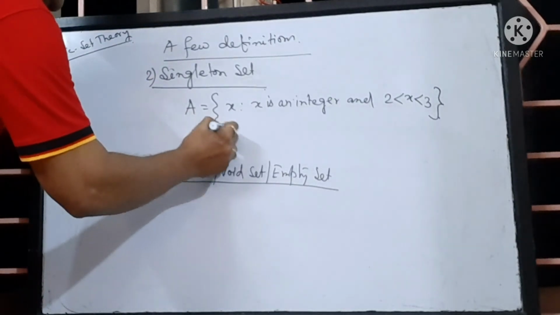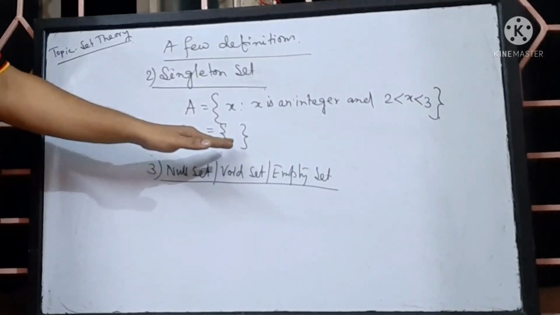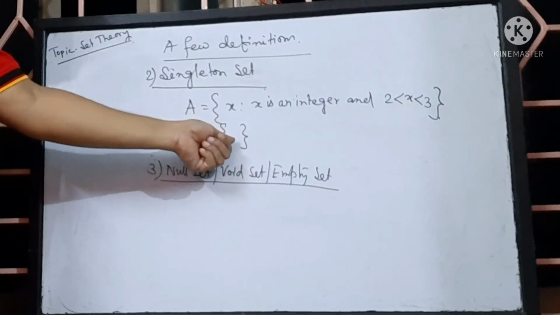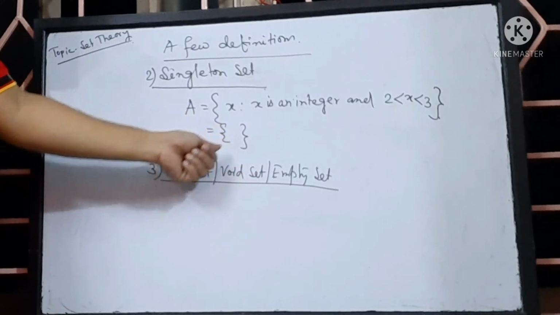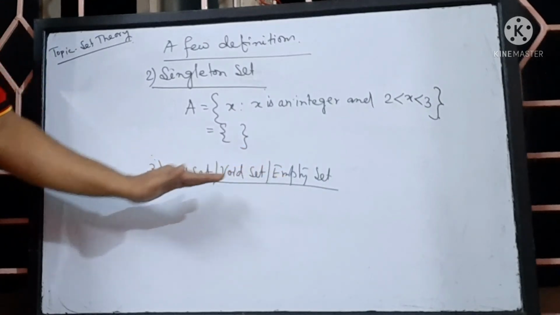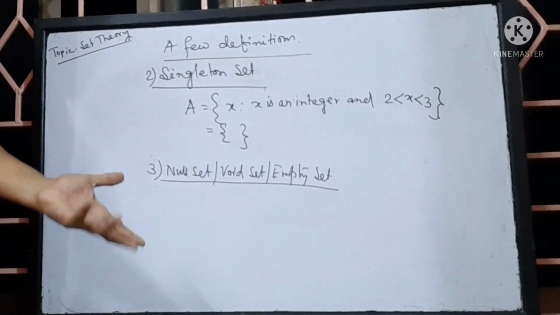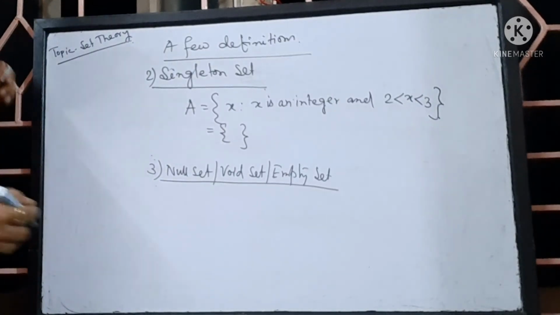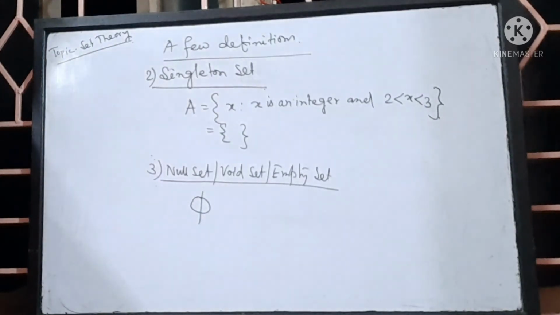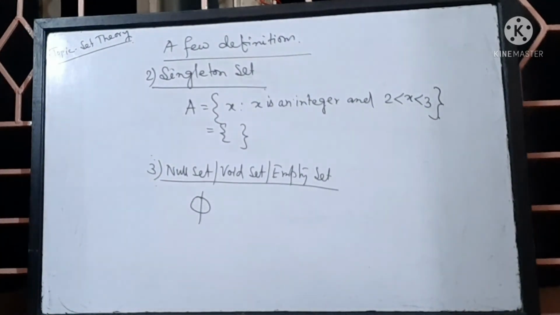So this set is written only like this, with only two curly brackets, blank. This set is called null set or void set or empty set, in which there is no element. It is represented by phi.